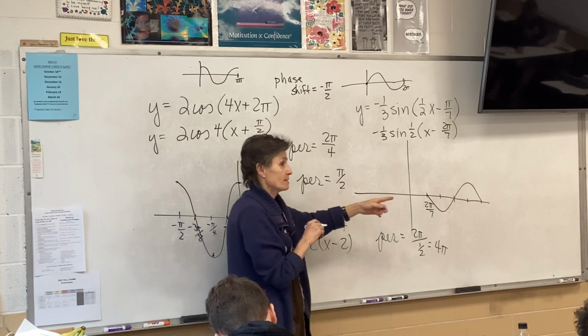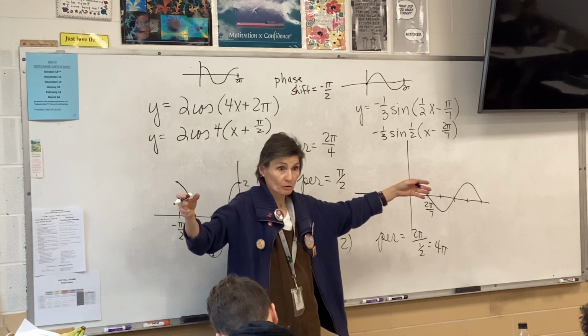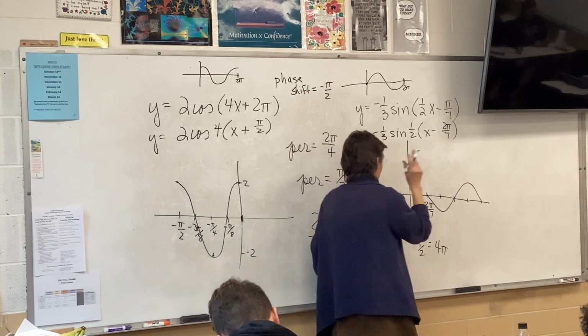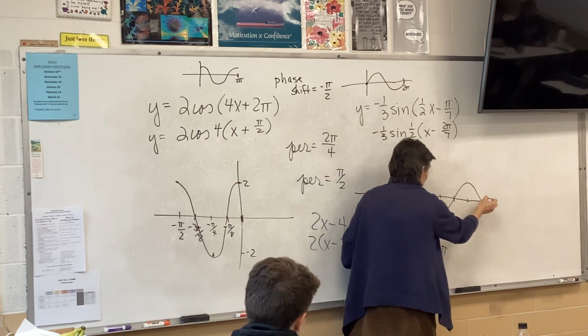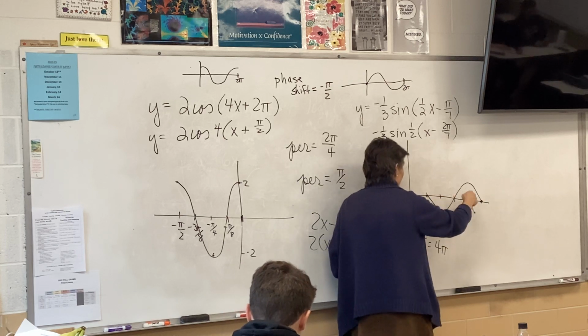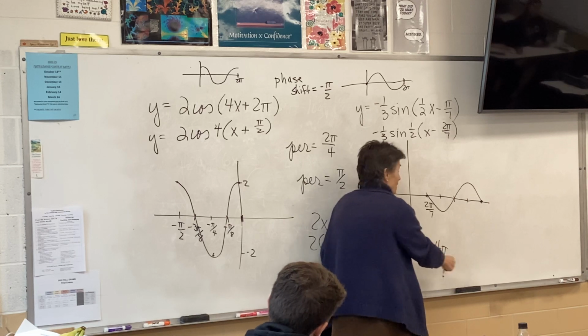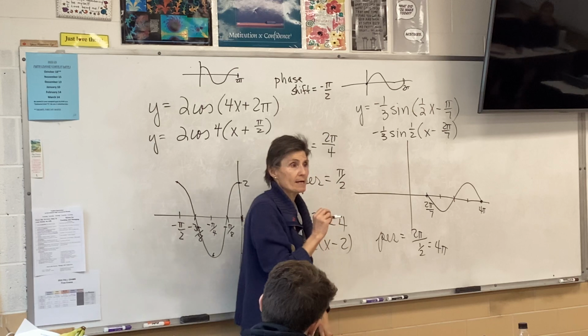So my picture doesn't look like it, but this guy has been majorly stretched, right? Okay, now, that means that from here to here, one hill, one valley, one hill, is that far. Should I put a 4 pi right here? No way.